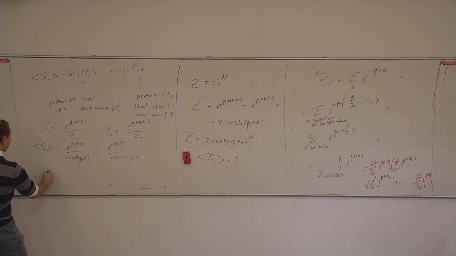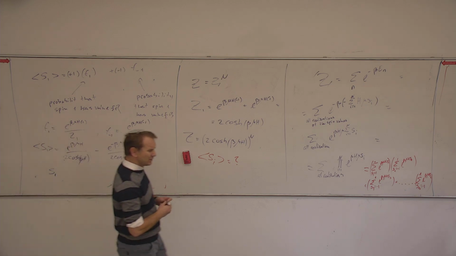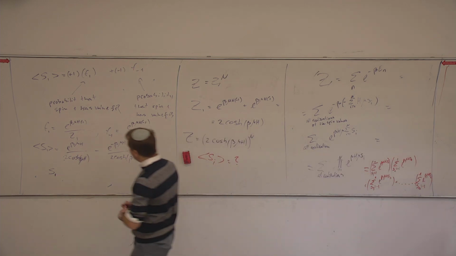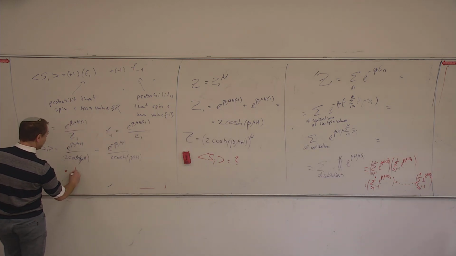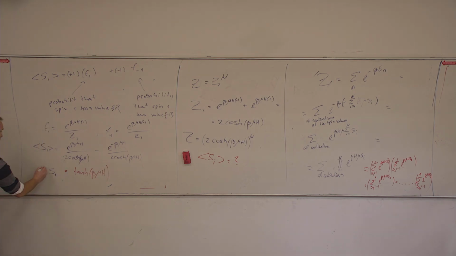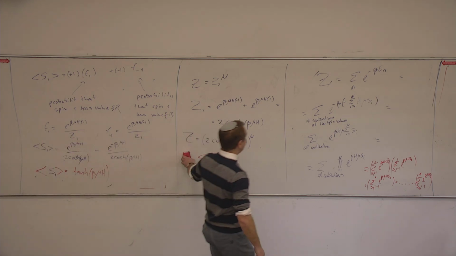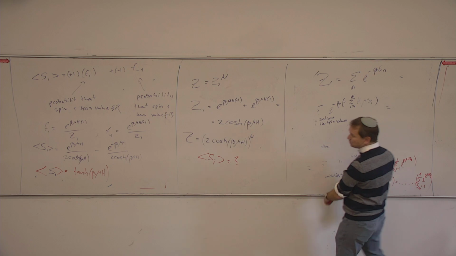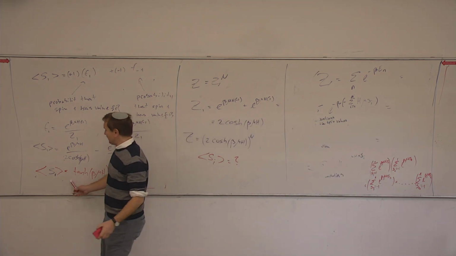So S1, and it doesn't matter if it's 1 or 2 or 3 or 4, S1 equals hyperbolic tangent of beta mu h. And the total spin is just n multiplied by this guy, as we've seen before.